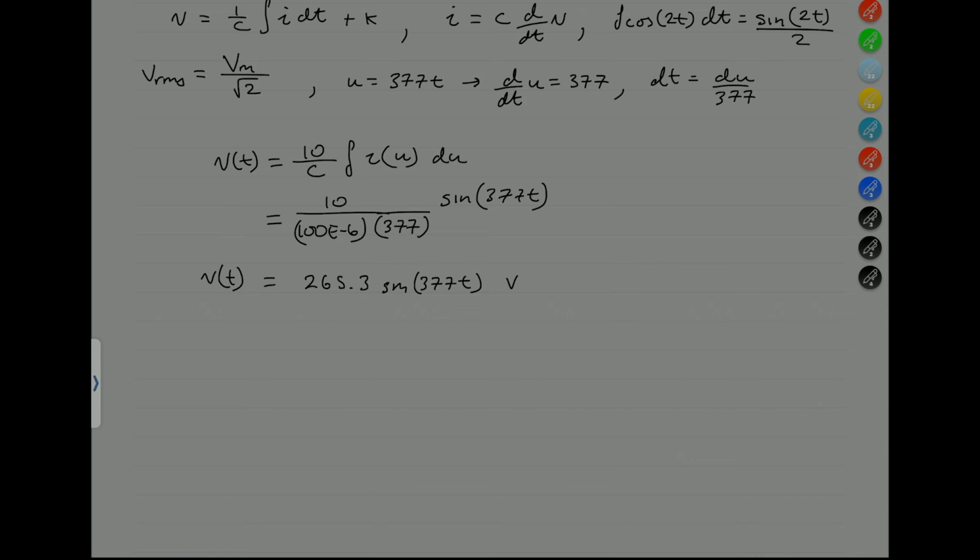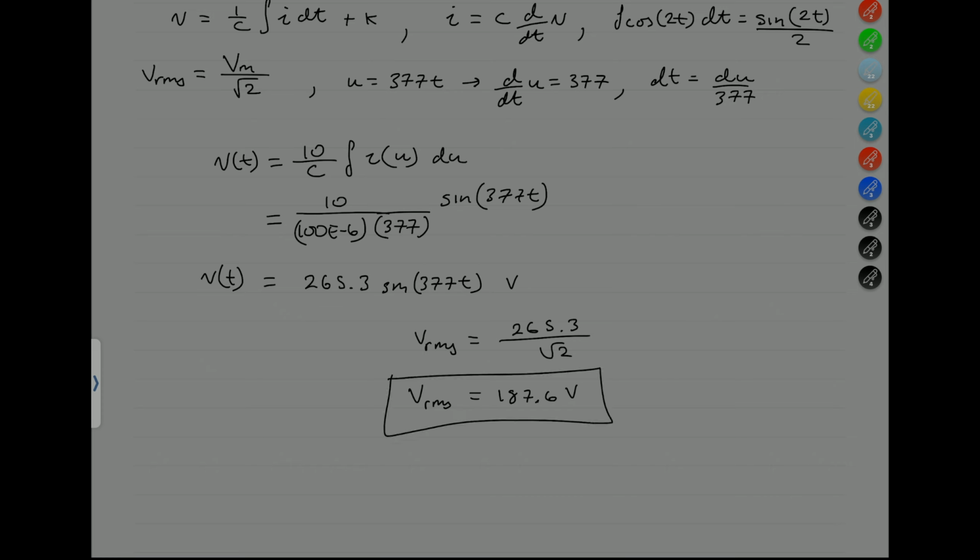Now to get our RMS, we just have to divide the magnitude or the amplitude of our instantaneous voltage by the square root of 2. So we can say the RMS is equal to 265.3 over the square root of 2, and that'll give us 187.6 volts.